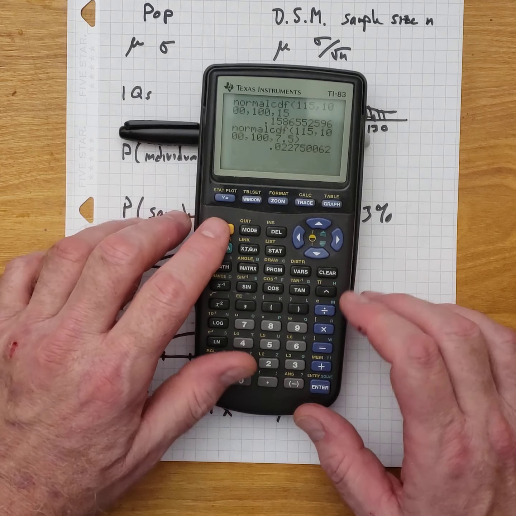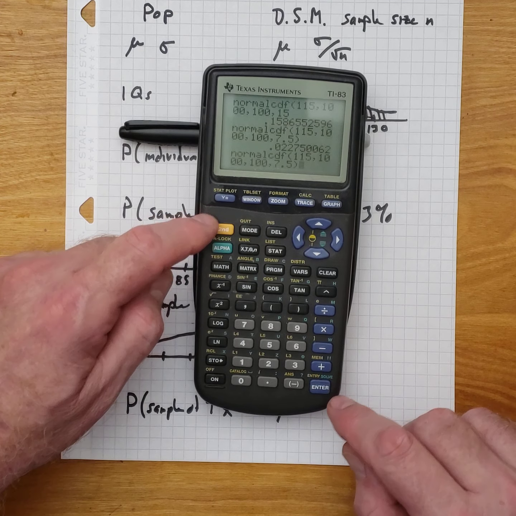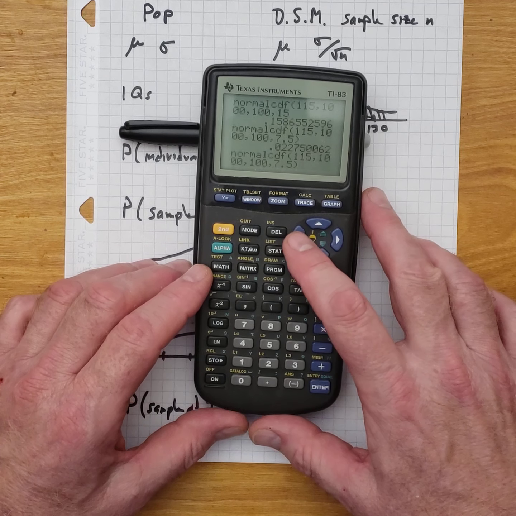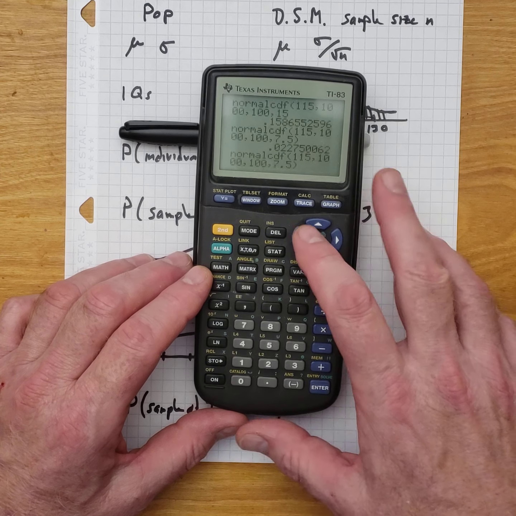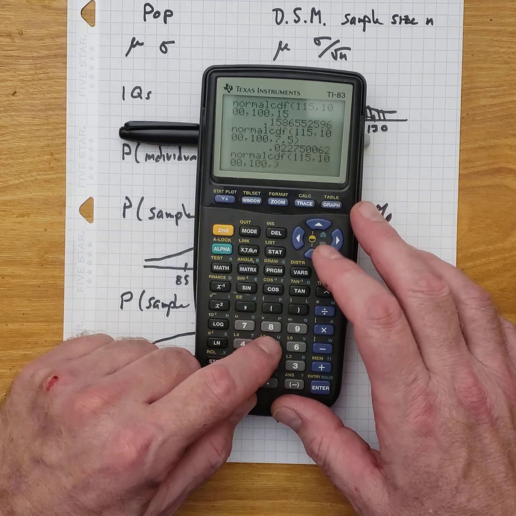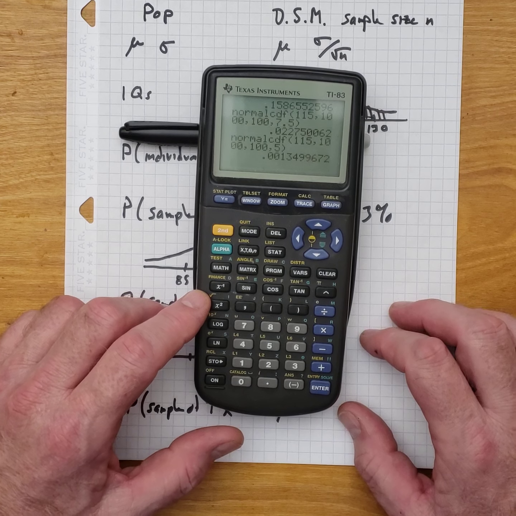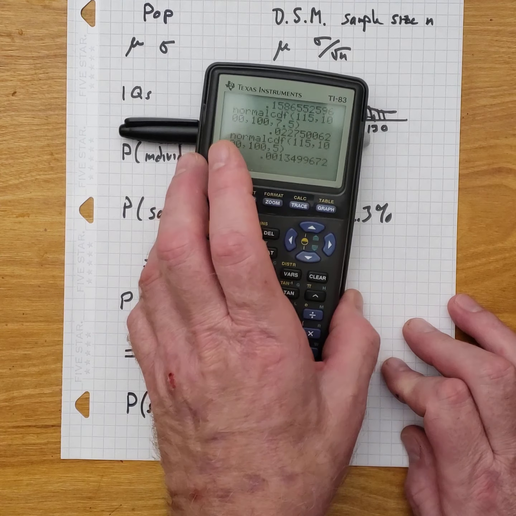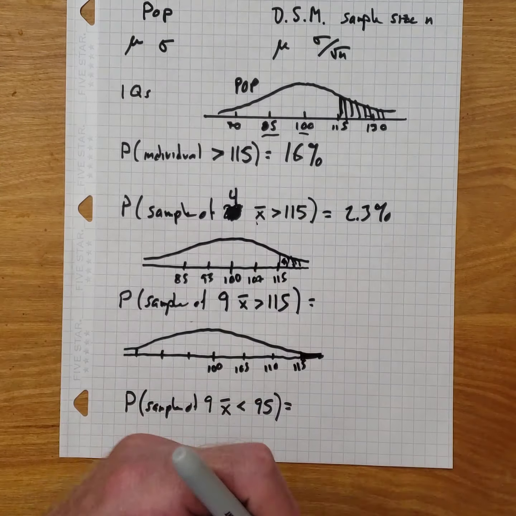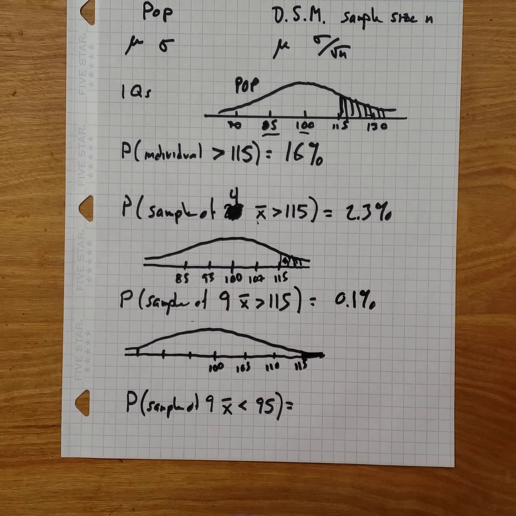It's the same thing again. Actually, we can call back that same calculation by doing second enter. And all we have to change here is we don't have a standard deviation of 7.5 anymore. We have a standard deviation of 5. Everything else is the same. And we get 0.0013, so that is 0.1% of the time.